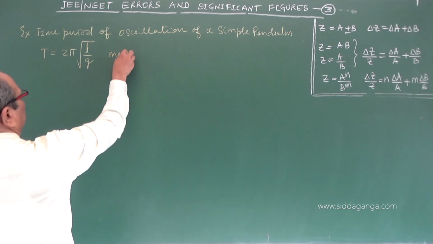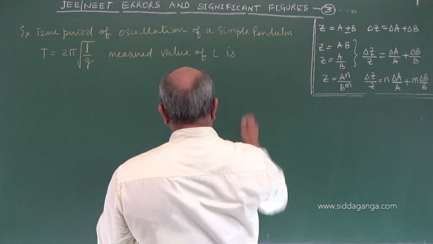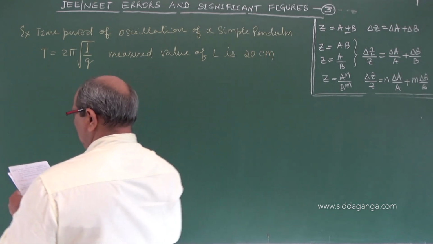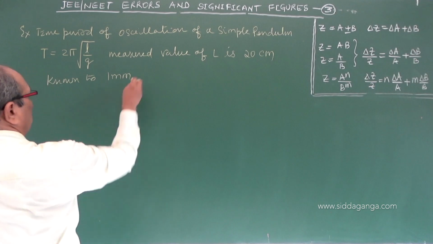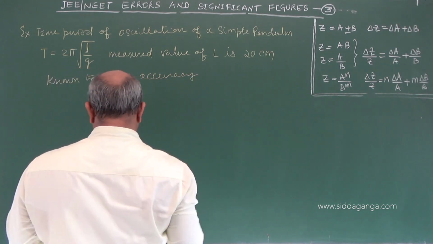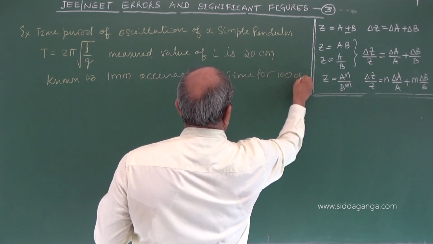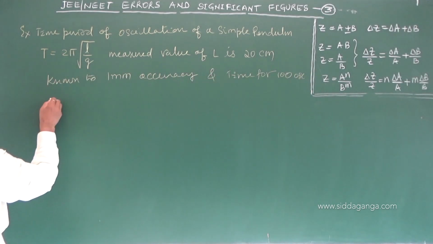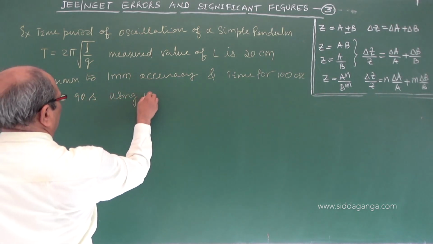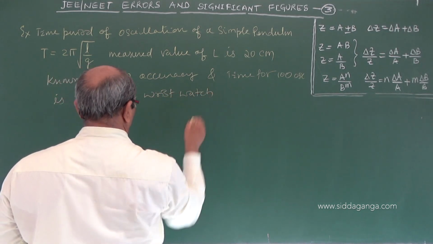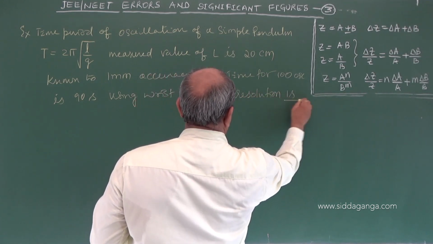The measured value of L is 20 centimeter, known to 1 millimeter accuracy, and the time for 100 oscillations is 90 seconds, using a wristwatch of resolution 1 second.